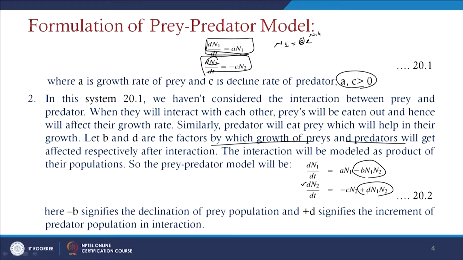Here we have written minus B, which signifies the declination of the prey population, and plus D, which signifies the increment of the predator population in the interaction. If sufficient deer and sufficient tigers are present, and no other predators are available, only tigers and only deer, then tigers can use the deer and their population can grow, but in the meanwhile you can find that the deer population will get reduced. That is why this is minus B and this is plus D here.